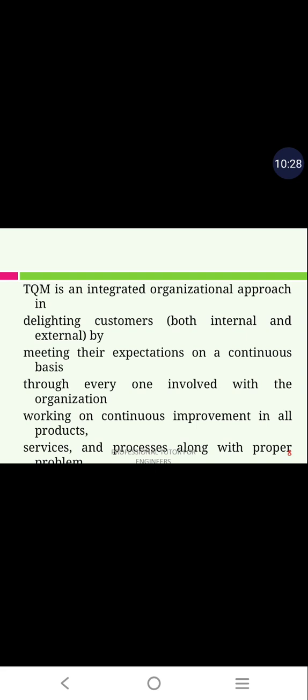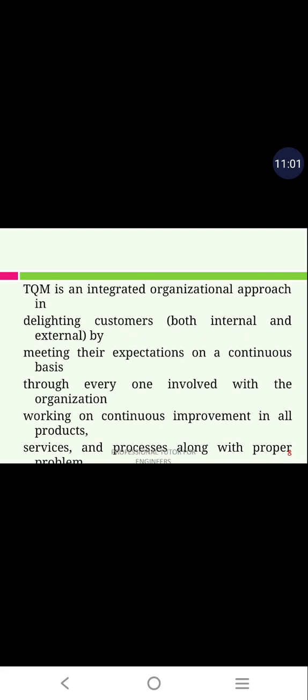So the person who is receiving the component is called an internal customer, and an external customer is nothing but the end user who is using the product. So both internal and external customers should be satisfied, meeting their expectations on a continuous basis through everyone involved with the organization. Everyone should be involved to meet the requirements of internal and external customers.